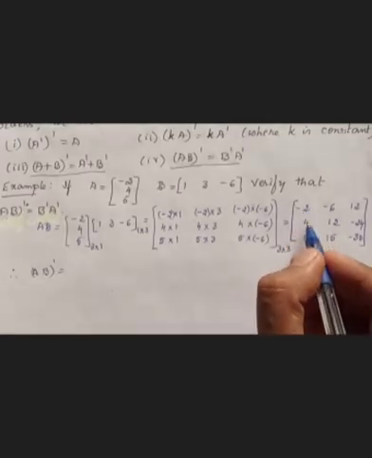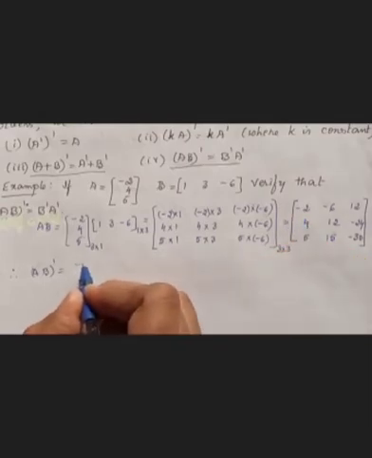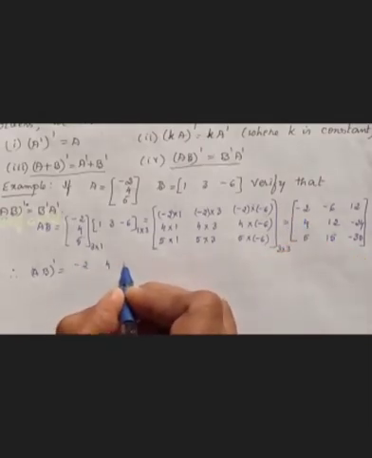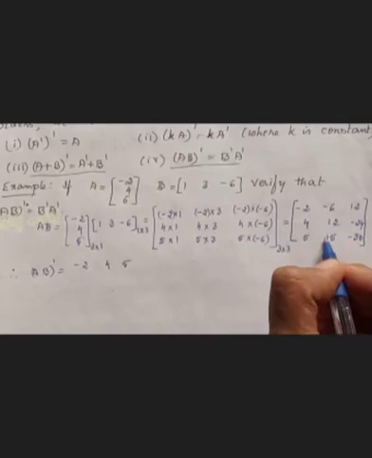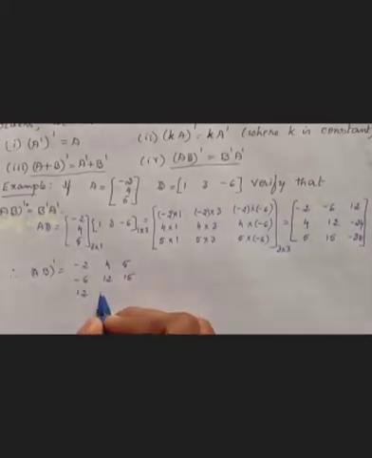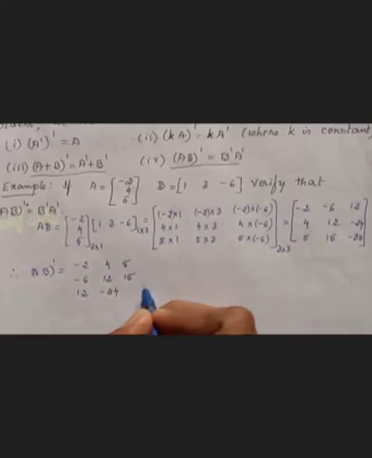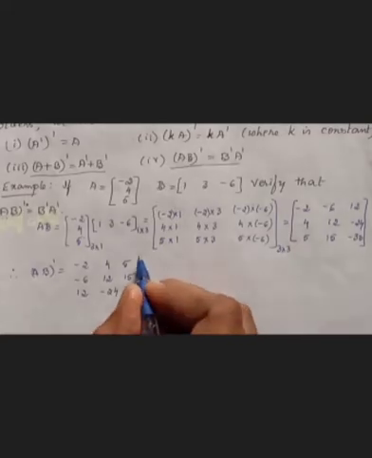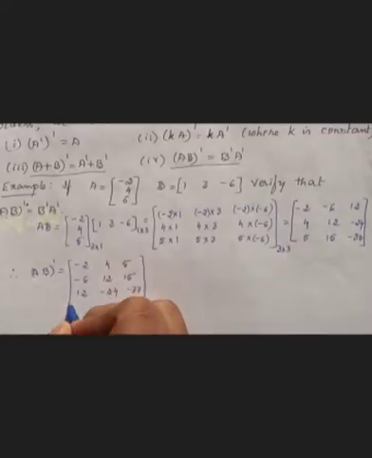First write the first column as the first row: -2, 4, 5. Second column as the second row: -6, 12, 15. Third column as the third row: 12, -24 and -30. So this is (AB)'.